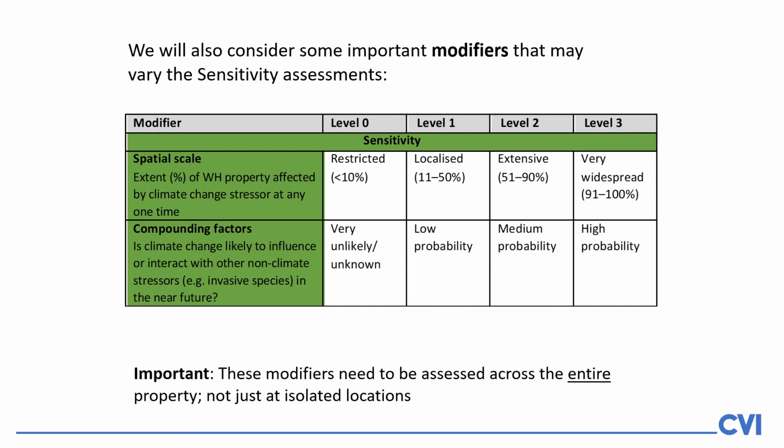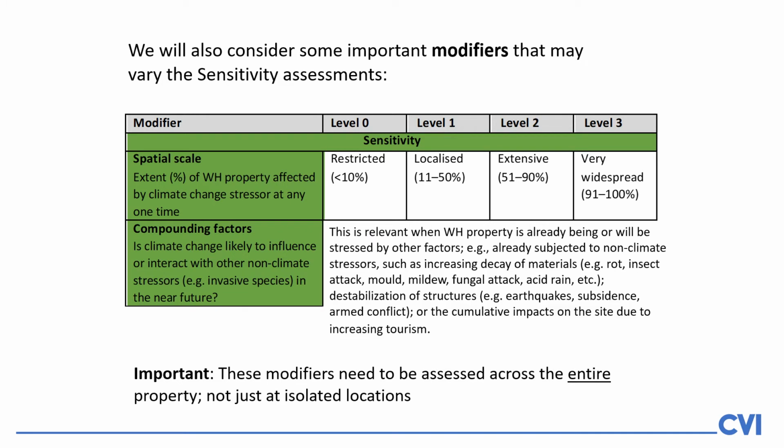The second modifier we consider is what we call compounding factors. Now this is an important one, and this says this climate change is likely to be influenced by or interact with other non-climate stresses in the near future. So for example, if your property is already being stressed by other factors, in other words, you're already being subjected to non-climate stresses, such as increasing decay of materials because of things like rot or insect attack or mold or mildew, is your property already destabilised due to earthquakes, or are there cumulative impacts because of things like tourism?